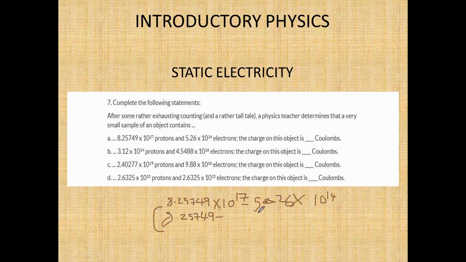If you move your decimal point 3 places to the left, this becomes 10 to the power 17, and you can put that outside the bracket.